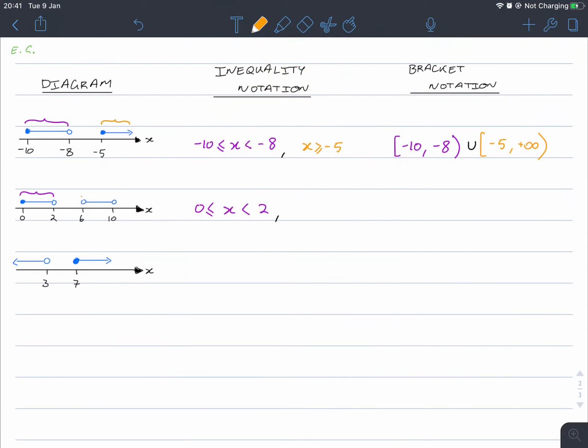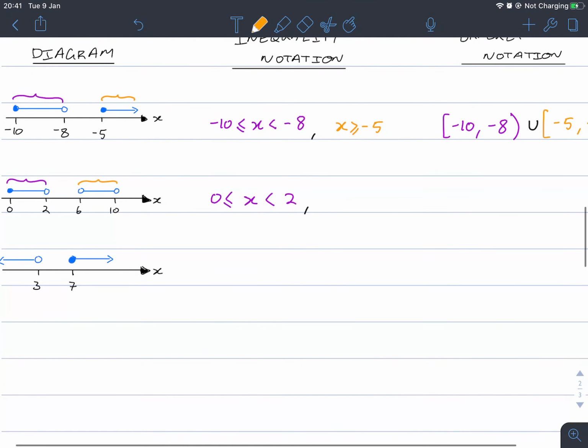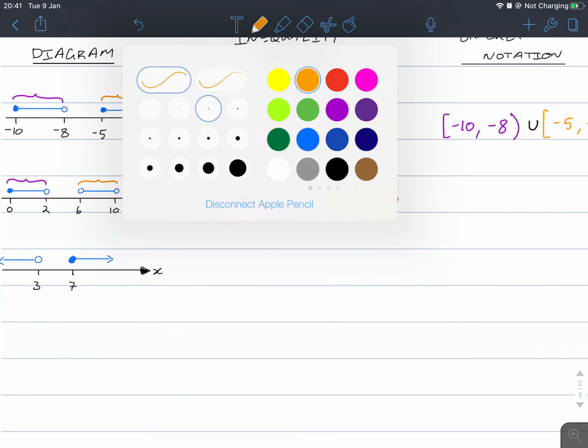Now the one on the right. The one on the right is starting from 6 but not including 6. So 6 is less than but not equal to x. And this right point here is less than 10 but not equal to 10.